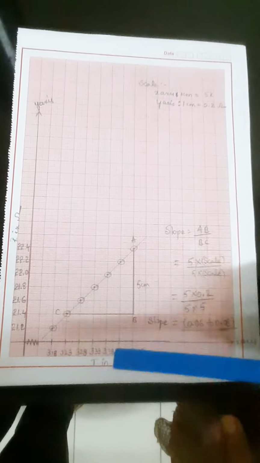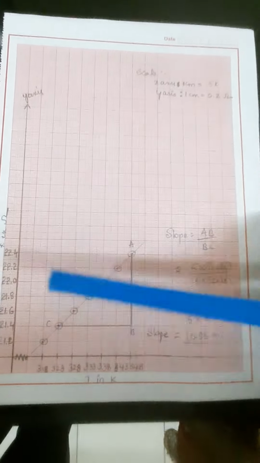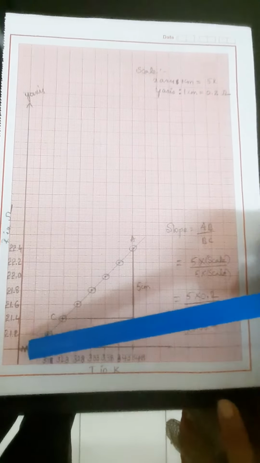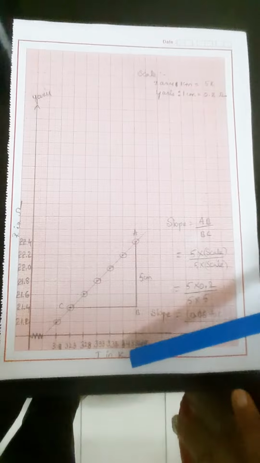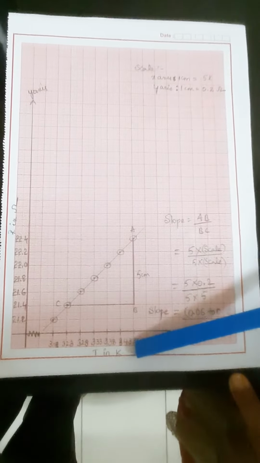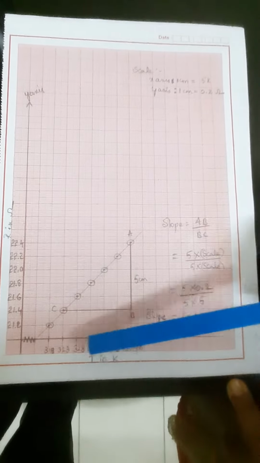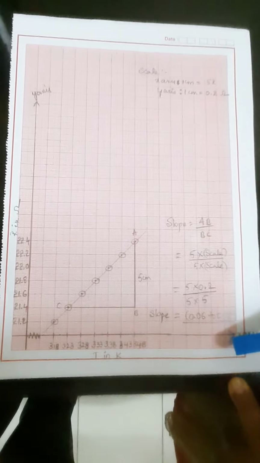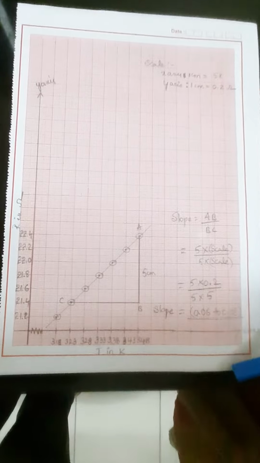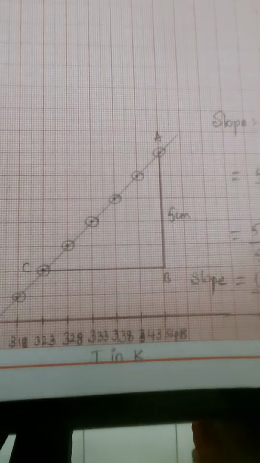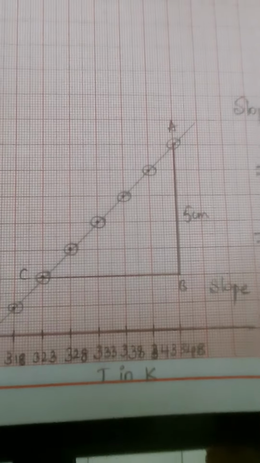Based on those readings you have to plot the graph like this. It is resistance versus temperature. This is the x-axis. Along this x-axis take the temperature reading. The temperature is in degrees Celsius, so you have to convert it to Kelvin.